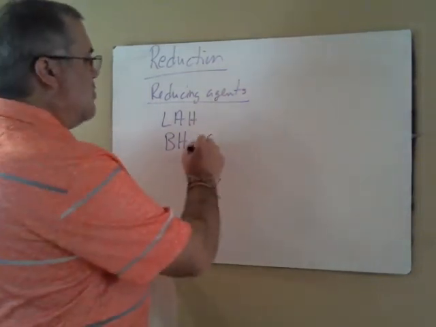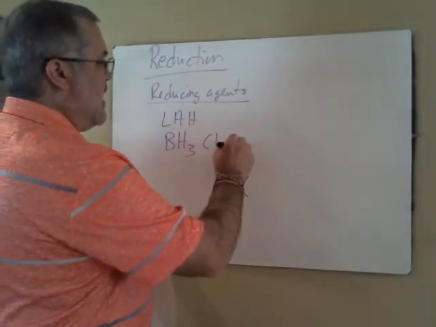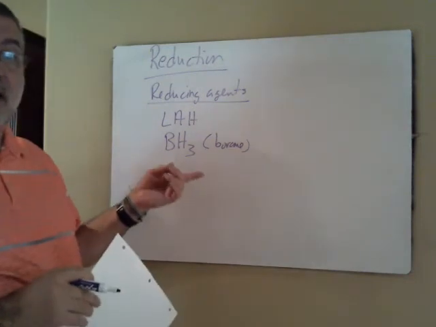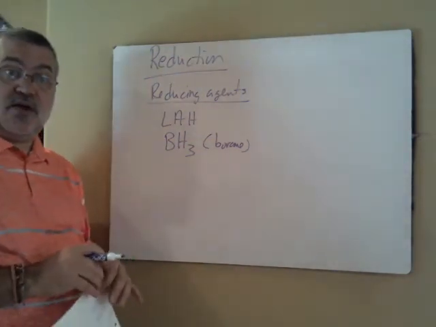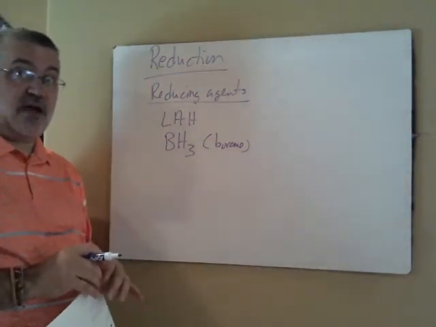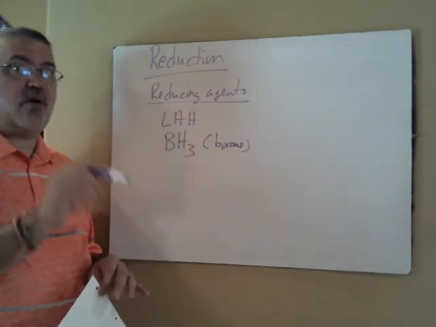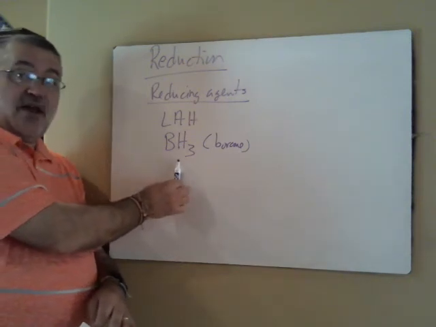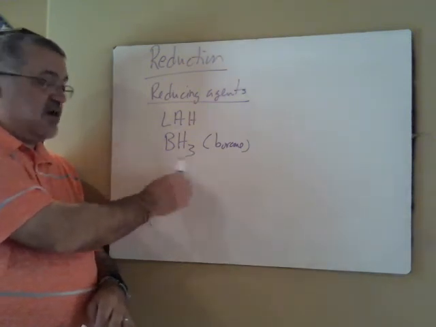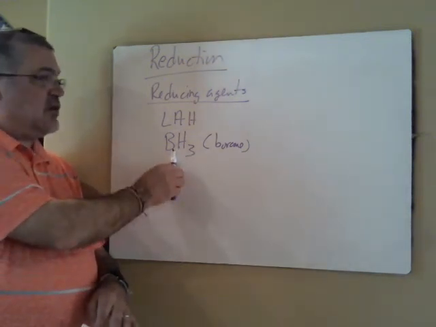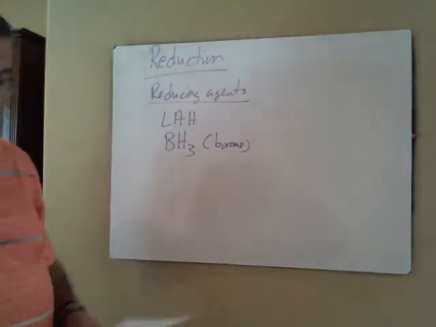And we've seen borane in a different application when we were talking about hydration of alkenes. You had oxymercuration, and you also had hydroboration. Remember, that used borane as a reagent, but here it's serving a different function. It'll reduce carboxylic acids.